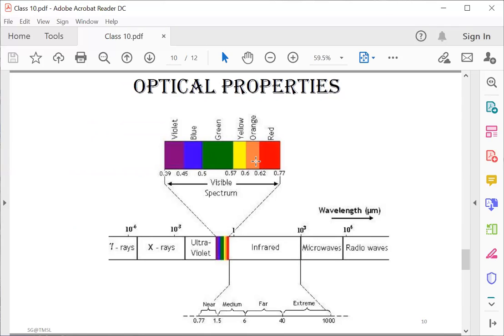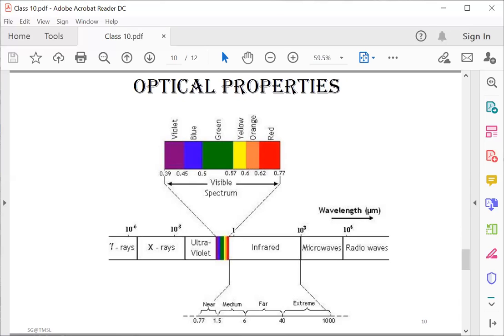These are the visible range. Other than the visible range, ultraviolet and infrared frequencies are used in many sensors. The ultraviolet range is from 0.39 micrometer to 0.01 micrometer.